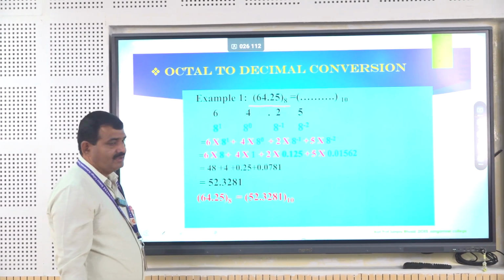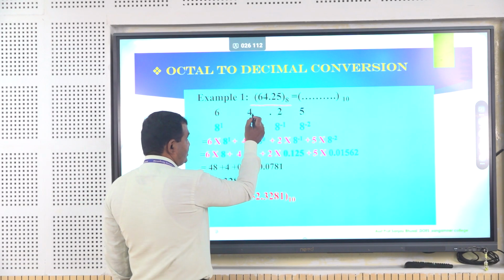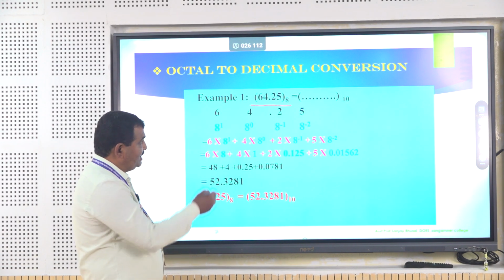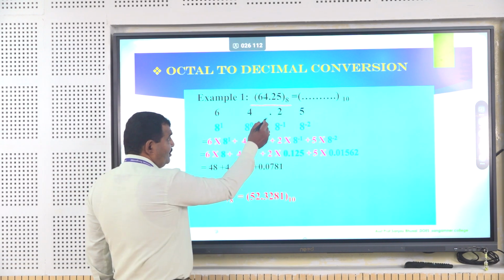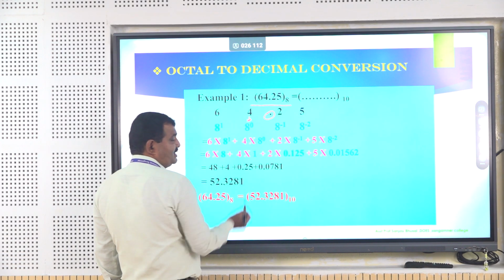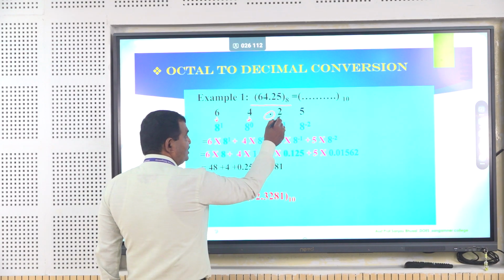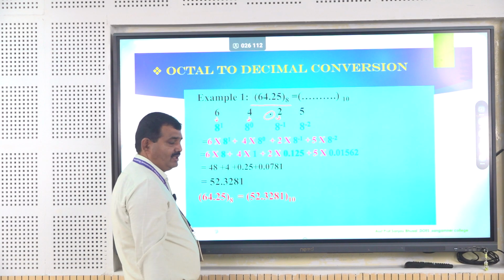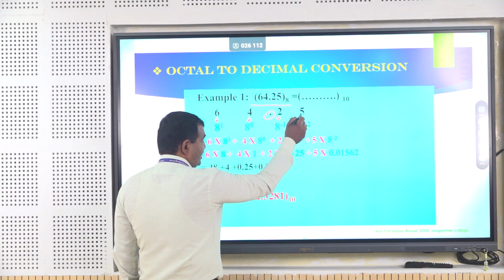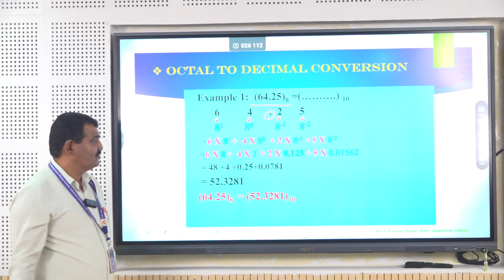64.25 octal is converted into its equivalent decimal. So, we first write the weight for each position starting from this octal point. This 4 has weight 8 raised to 0, this 6 has weight 8 raised to 1, this 2 has weight 8 raised to minus 1, and 5 has positional weight 8 raised to minus 2.